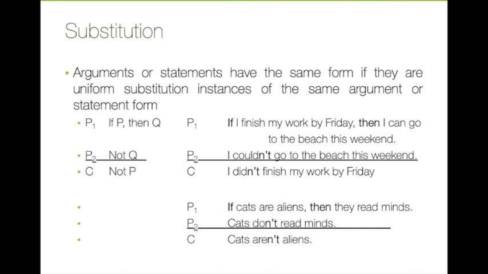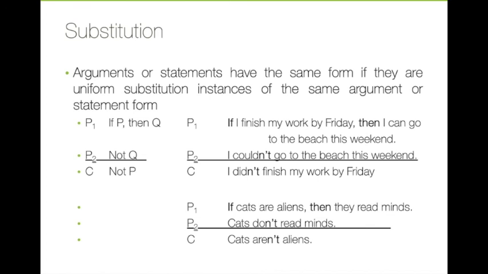If I finish my work by Friday, then I can go to the beach this weekend. I couldn't go to the beach this weekend. Conclude, I didn't finish my work by Friday. Here's an argument with the same form. Again, listen for that if-then and the not. If cats are aliens, then they can read minds.